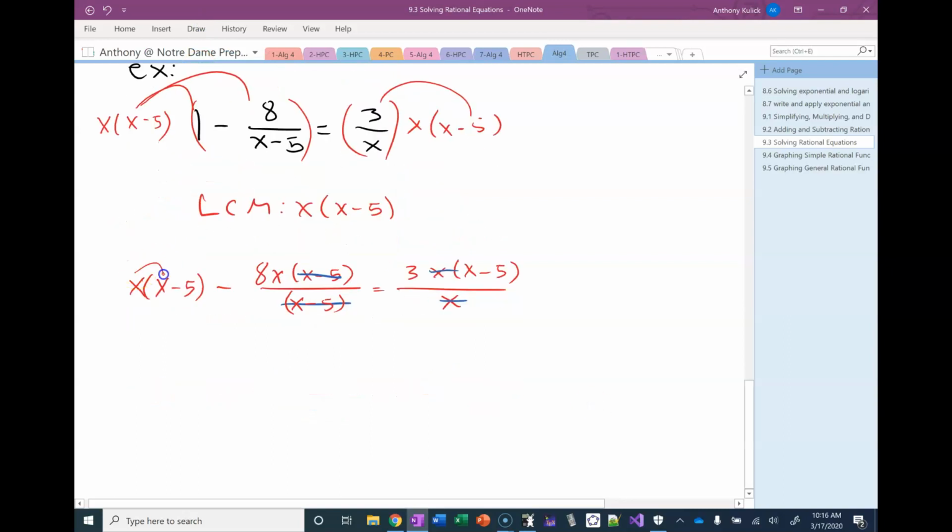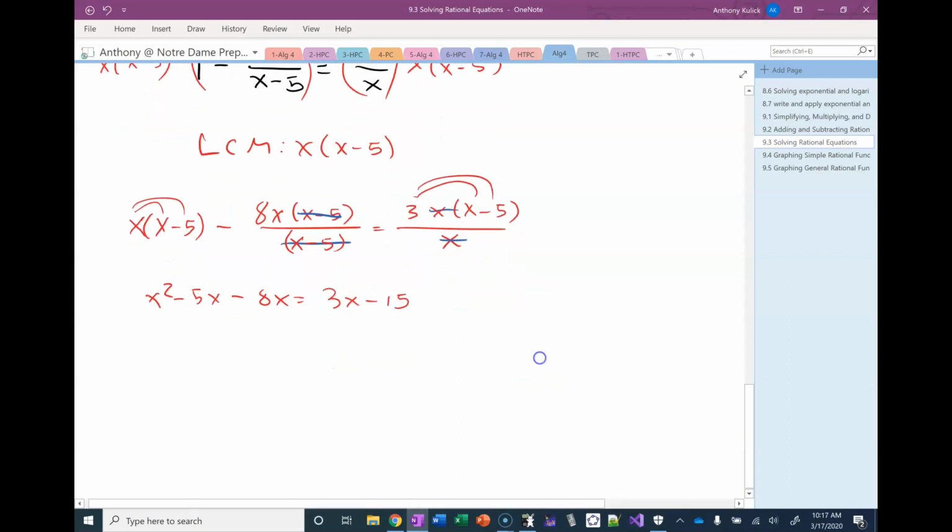So let's see, if I distribute the x through, I have x squared minus 5x minus 8x equals, I'll distribute the 3 through, 3x minus 15. So what I'm left with is a quadratic equation. So I'm going to start by moving everything onto the same side and combining some like terms. So -5x and -8x is -15x.